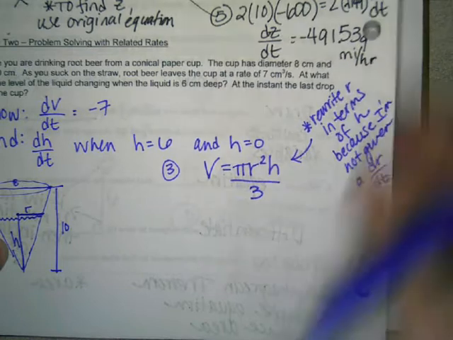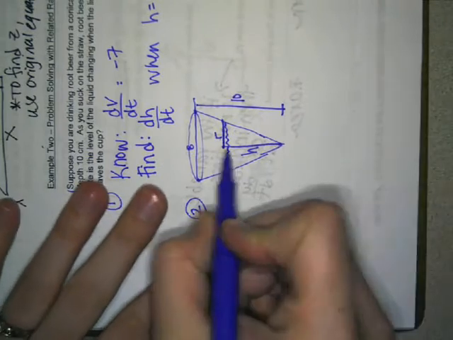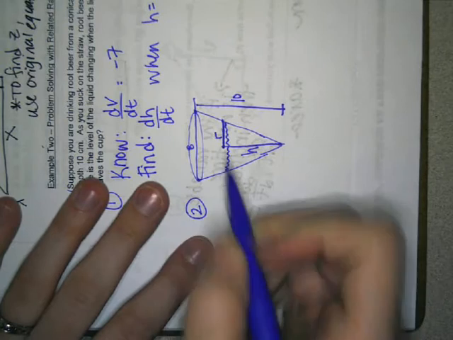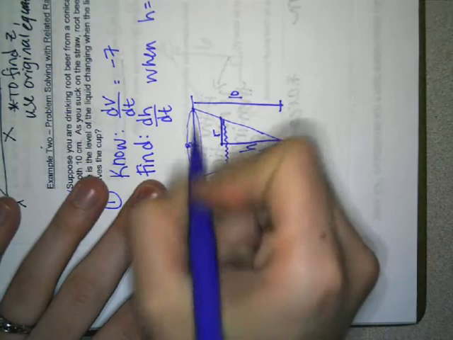Okay. I'm going to take our picture and turn it on its side. And there's a reason for this because it'll be a little bit easier to see what's going on here. Since in my equation I don't use the diameter, I just use the radius, I'm only going to use half of this diameter. So what's the radius of this cone? 4.